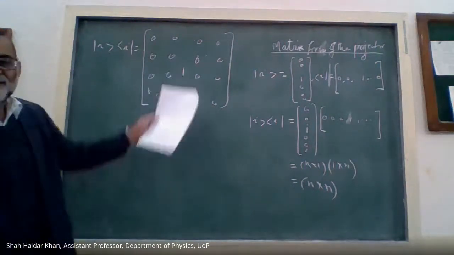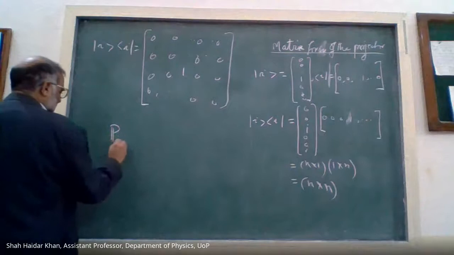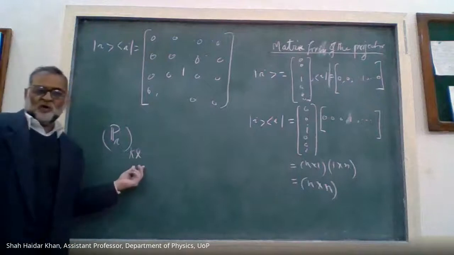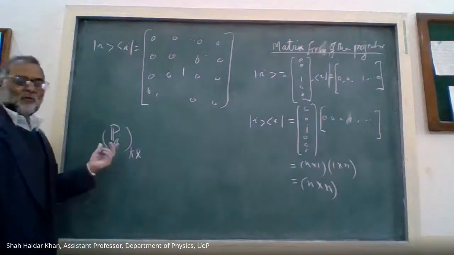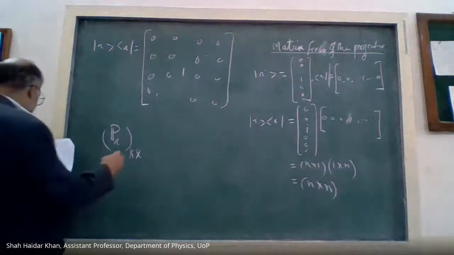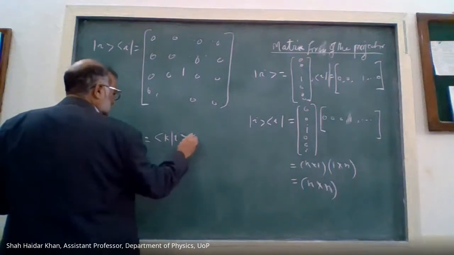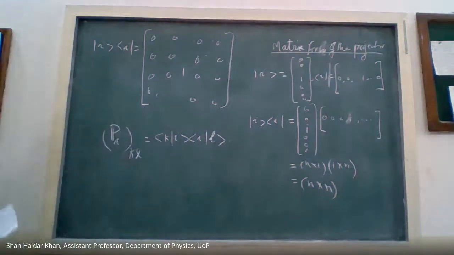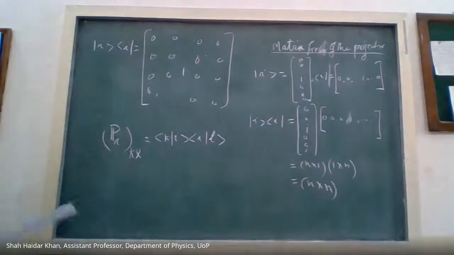Generally, we can write this matrix in a short form. The element of Pi in row k and column l, whichever element we are interested in, can be written as bra k, ket i, bra i, ket l.